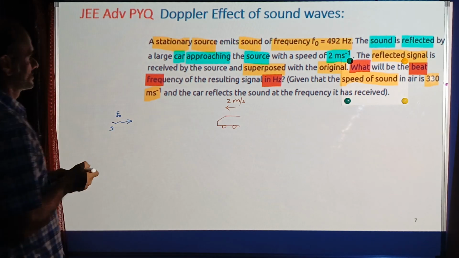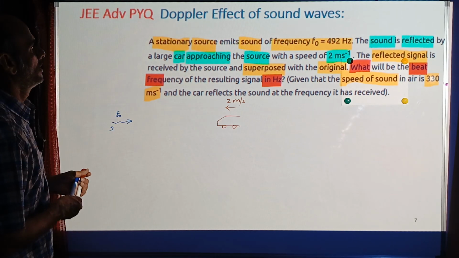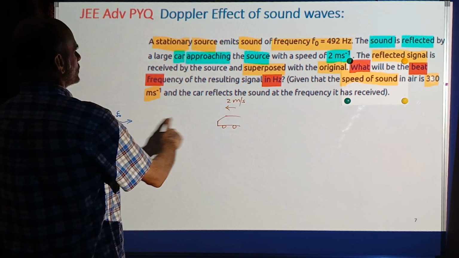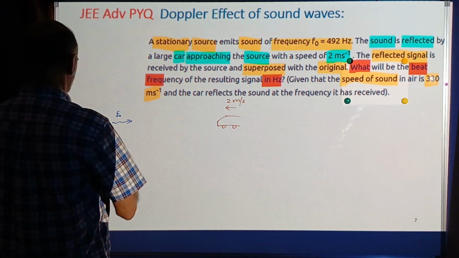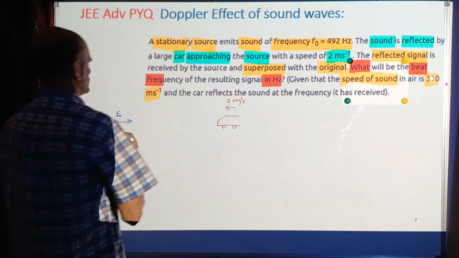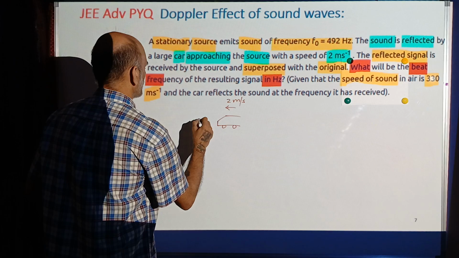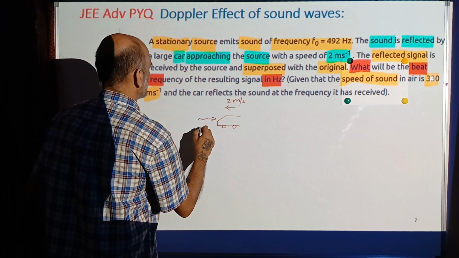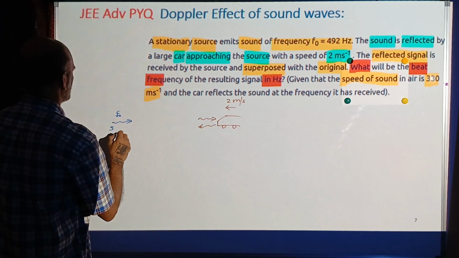So it's towards the source. The sound goes here, hits the car, gets reflected, and comes back here.